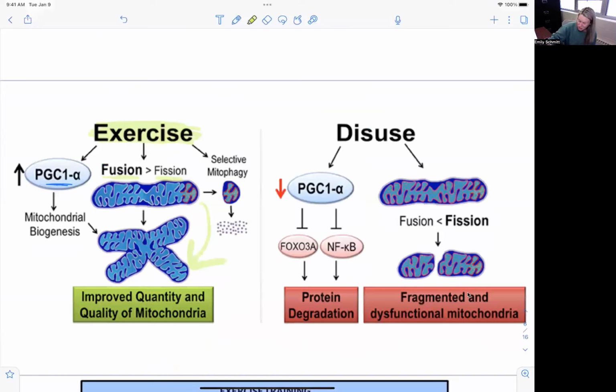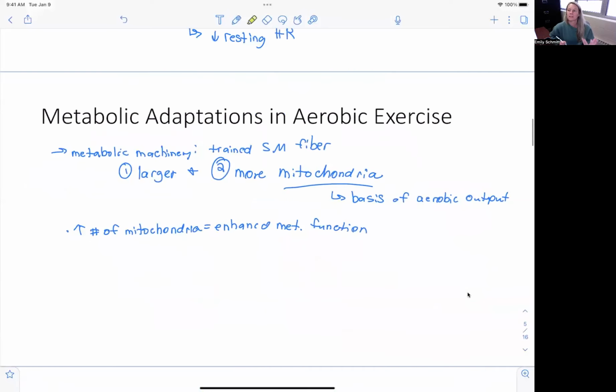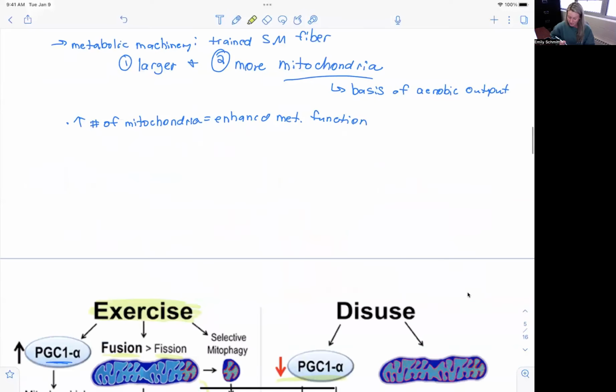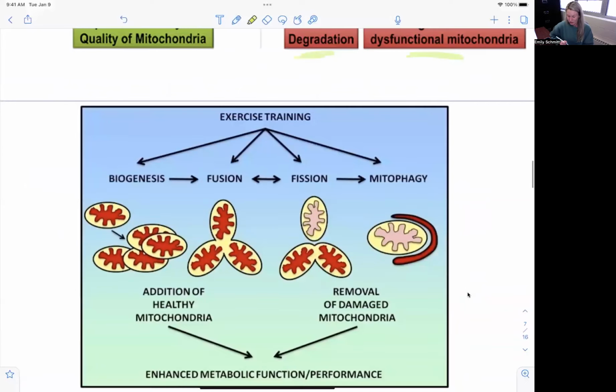Now, if we have disuse, we are going to have a decrease in PGC1 alpha, where our fusion is going to be less than our fission. So that means that we're going to have degraded protein and fragmented and dysfunctional mitochondria that are not as metabolically equipped to handle the demands of aerobic exercise.